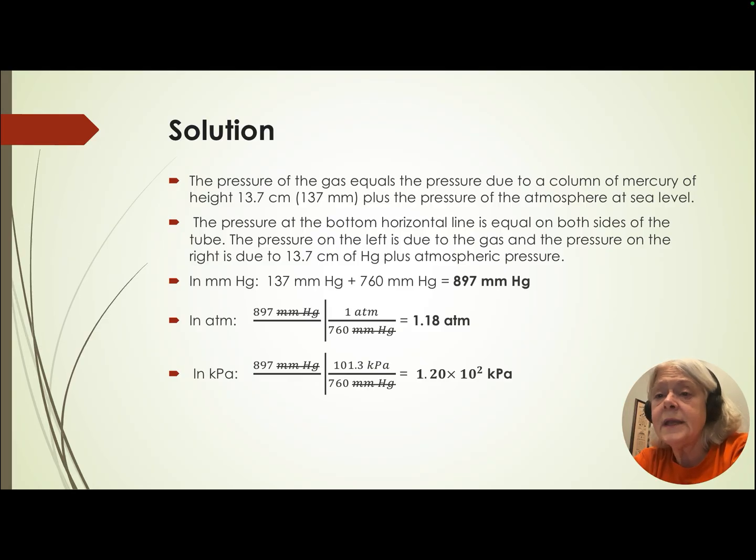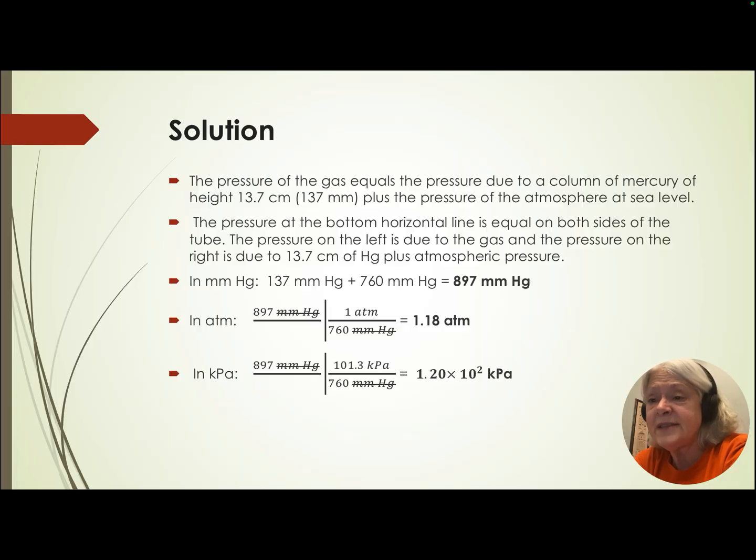Here's the answer. So please note my different bullet items here. First bullet item, I converted 13.7 centimeters to 137 millimeters. That second bullet item just talks again about whether we're going to add or subtract. Since our pressure in the right arm is higher, we're going to add. So I'm going to take my height difference, 137 millimeters of mercury, and add it to my atmospheric pressure, 760 millimeters of mercury.